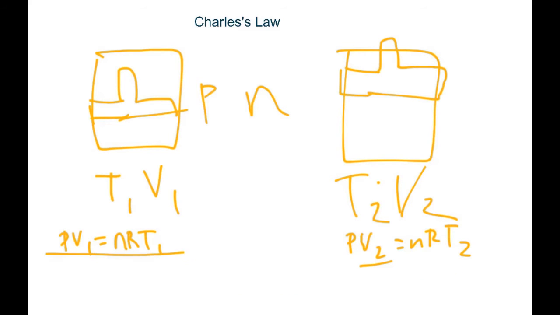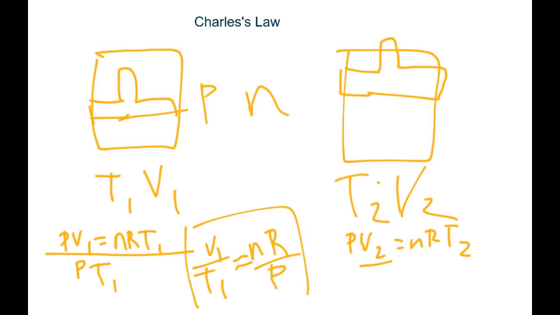So in order to do this, I'll just divide everything by P and by T1, and you'll see what happens. On the left-hand side, the pressures cancel out, and you get V1 over T1 is equal to NR over P, because the T1s cancel out on the right side.